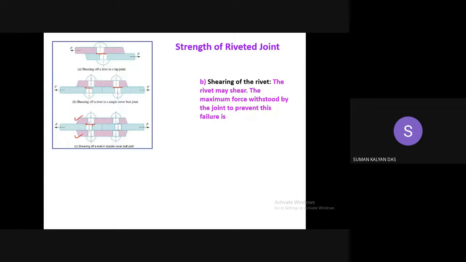One has to fail over here and one has to fail over here. These two cases are the case of single shear, whereas this case is your case of double shear. Because without this double shear, the joint will not totally fail. So this is double shear, and these are the cases of single shear.